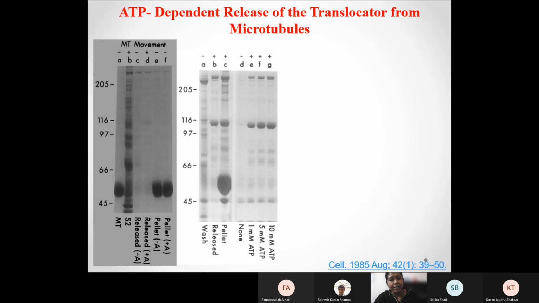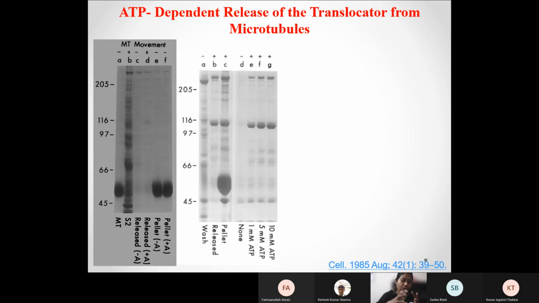So as they kept increasing the concentration of ATP, they could get more and more of this translocator released from the microtubule fraction, which indicated that this particular 110 kilodalton protein is actually the motor.